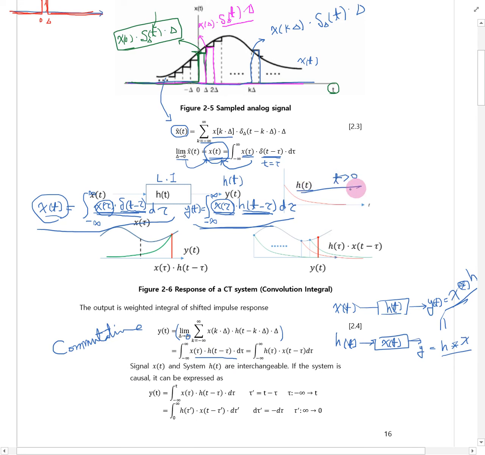So in the integration, t minus tau should be positive to have a non-zero h value. If t minus tau is less than 0, h is 0.